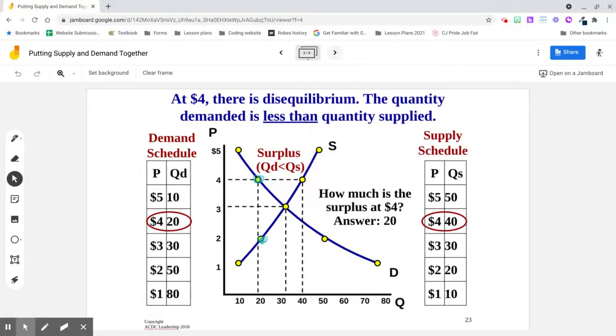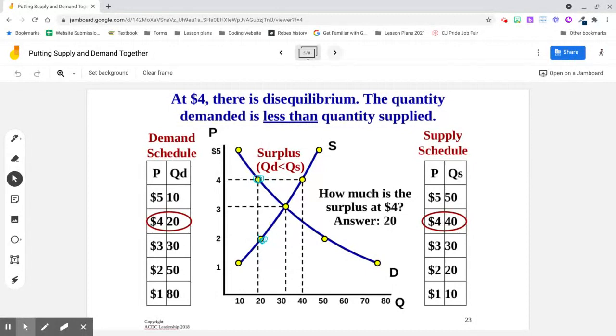At $4, we're looking at 20 on the demand schedule. At $4, we're looking at 40 on the supply schedule. How much is the surplus at $4? It is 20. There's a 20 supply change, a surplus. Understand that concept, because you need to get it.